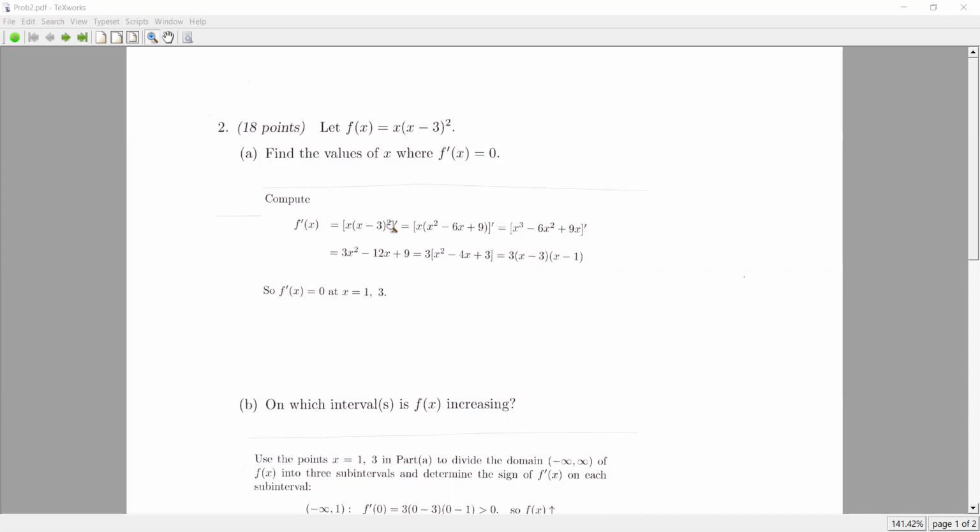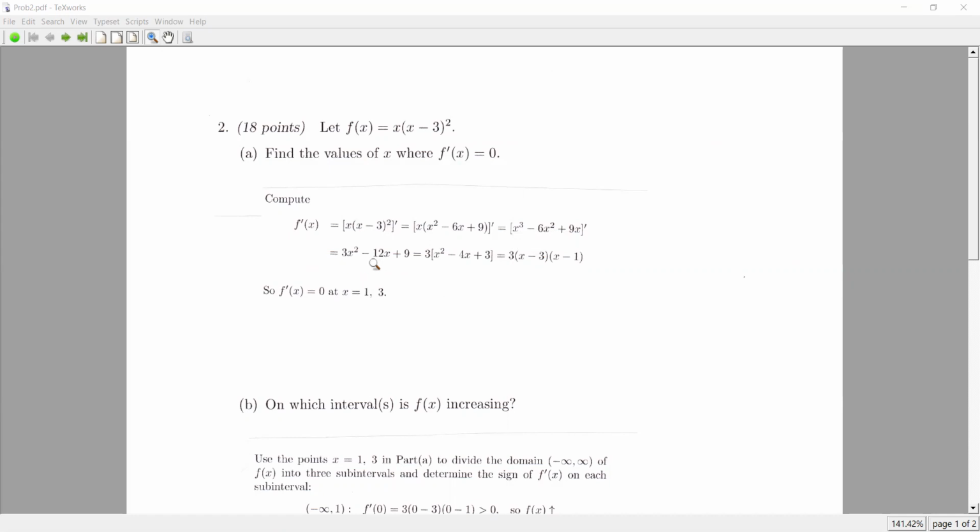I expand the square and this product. Then function f is a polynomial. The derivative of this polynomial is this polynomial.